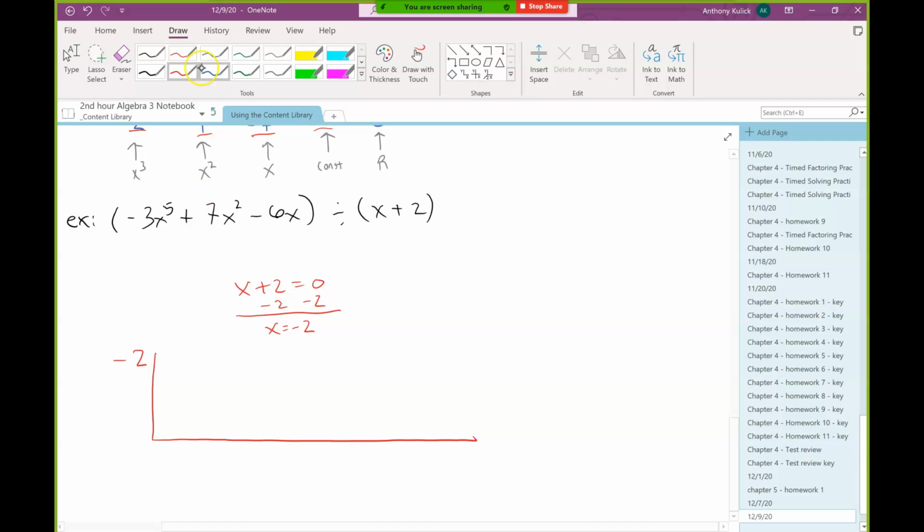But notice here on our dividend, we have no x cubed term, and we have no constant term. So we're going to make sure that we include zeros in each of those spots. You must include those zeros, or this will not work.